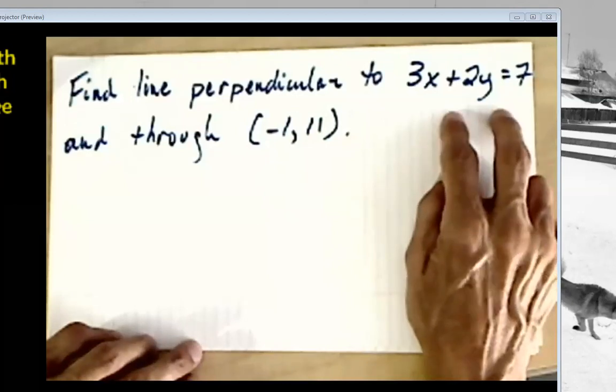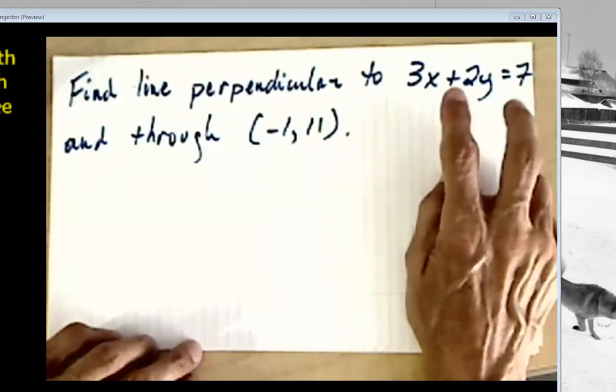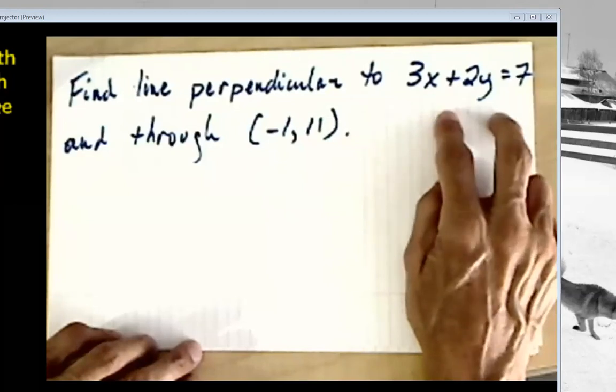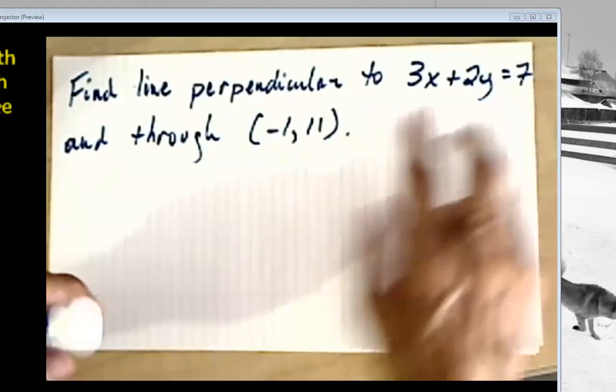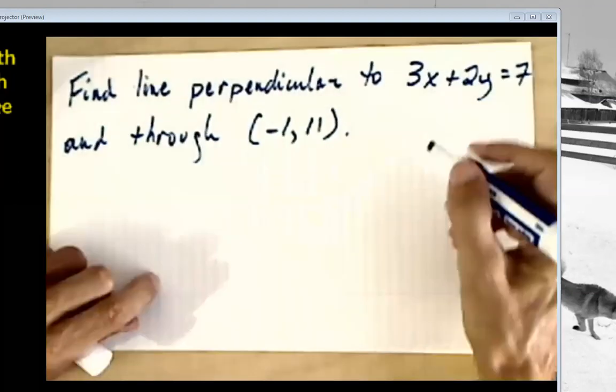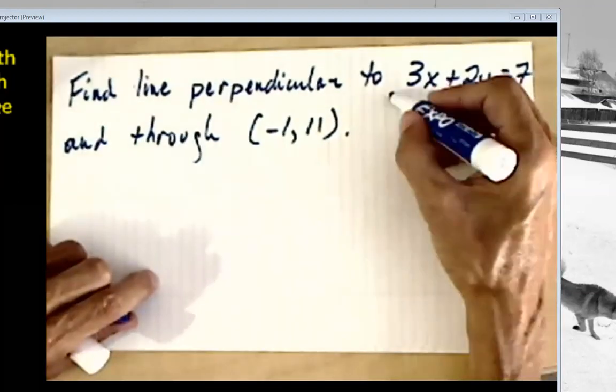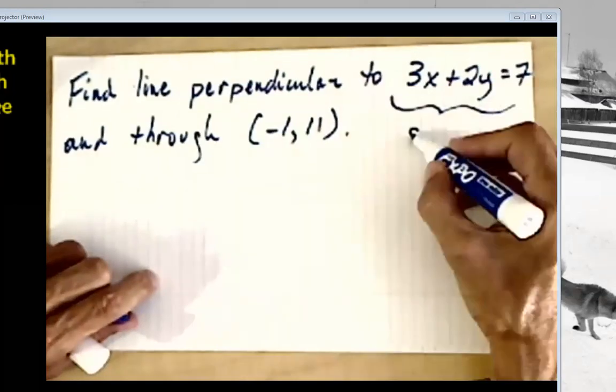Yeah, that's right. This is a difference. This is still a line, but it's a different style of a line, right? So we got to get the slope from this somehow. So how are you going to get the slope when the line looks like that?